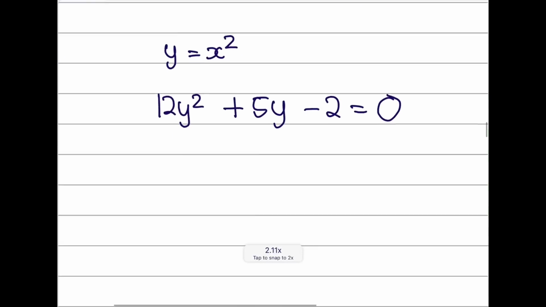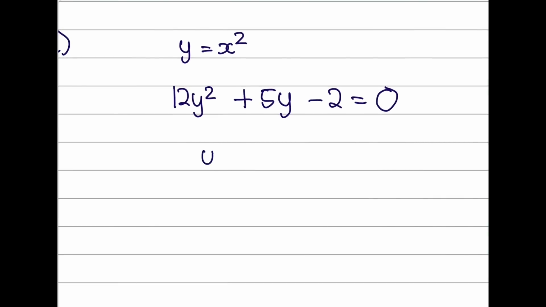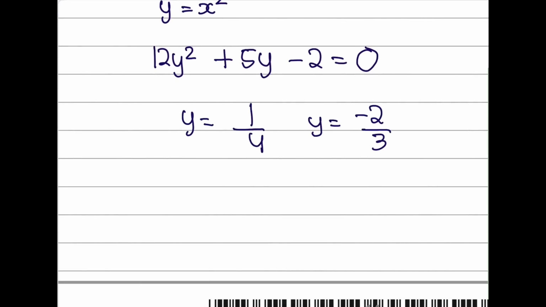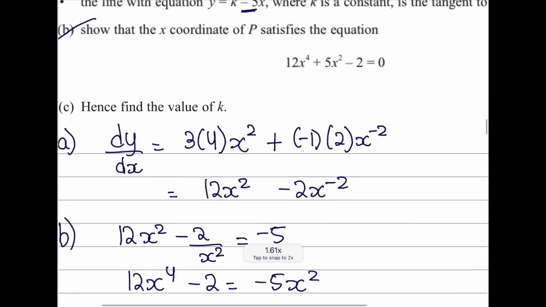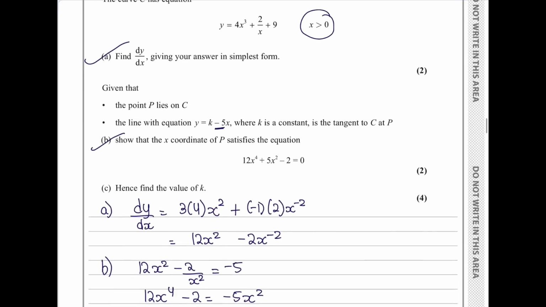Now after solving this either on the calculator or using the quadratic formula, the y values are going to be 1 by 4 and negative 2 by 3. Obviously y is a square of something, and a square could never be negative for a real number. So the x values, using the substitution, would be the root of 1 by 4, which is plus or minus root half. But remember here, what did they say? They said that the x value is greater than 0. So we already know which value to take.